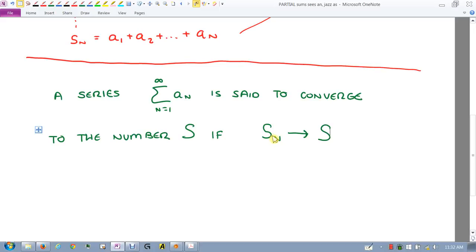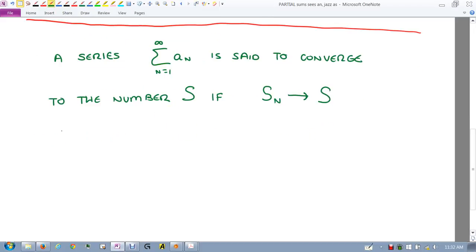A sequence of numbers. If that sequence of numbers gets closer to S, then we say that this series converges. Otherwise, what? It diverges.